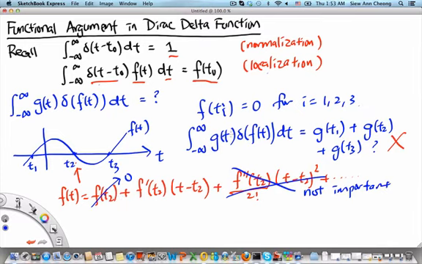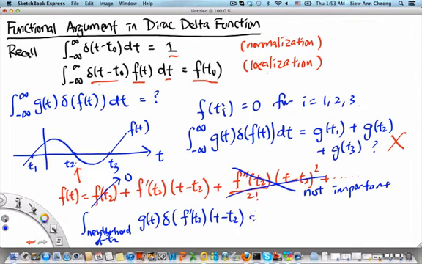So just in the vicinity of t2, what we can say is that the integral, not from minus infinity to infinity, but just in the neighborhood of t2, you would have g of t times delta of f prime t2 times t minus t2 dt.